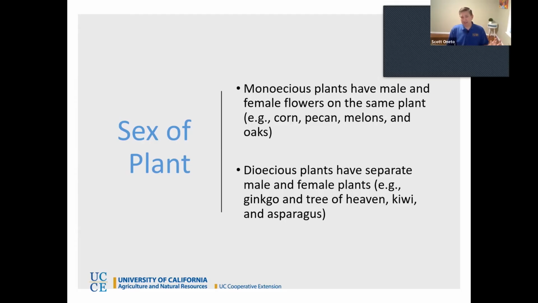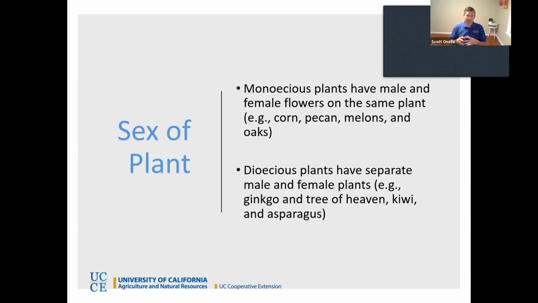Now, if you think about a monoecious plant, you can get to that two different ways. You can have plants that have both reproductive structures in the same flower. So they can have a plant that's made up of all perfect flowers that have both male and female parts in all those flowers. So that would make it monoecious.